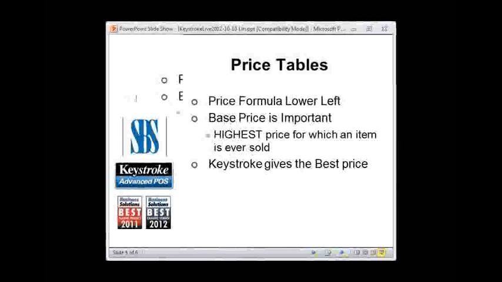Because Keystroke is designed to always give a customer the best price, if, for example, you might have a customer set up to get list prices, and list prices are higher than the base price, that customer is automatically going to get the base price because Keystroke gives the best price that is available based on the formulas.